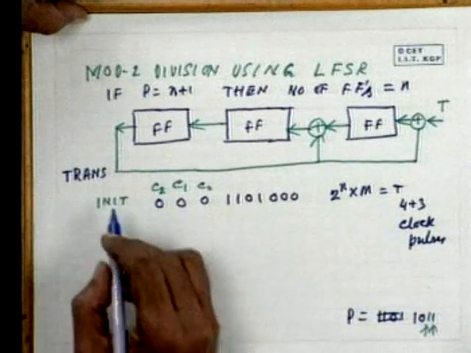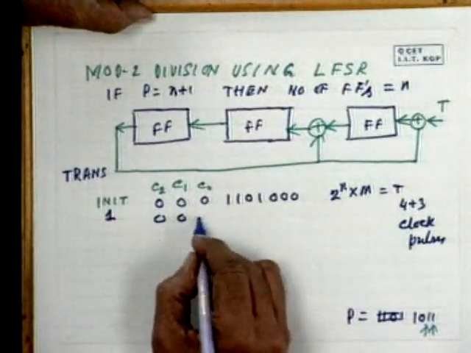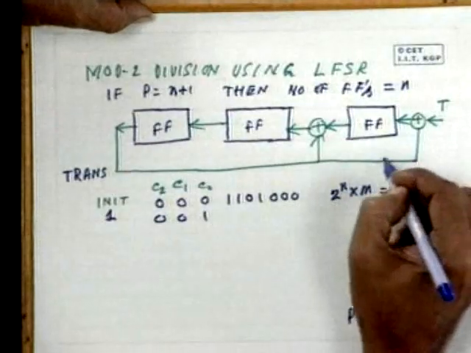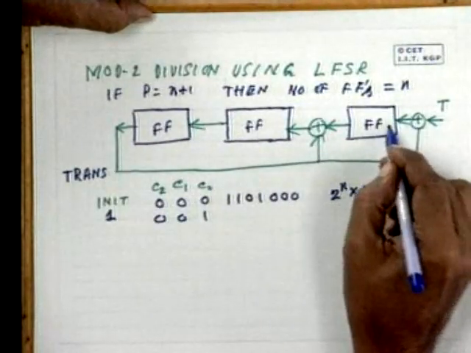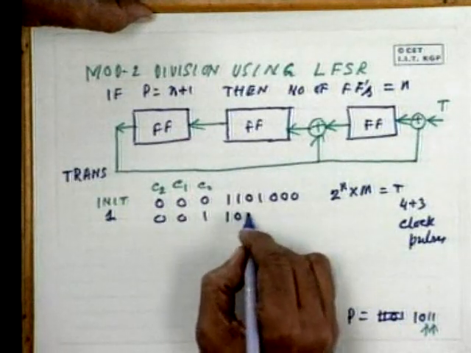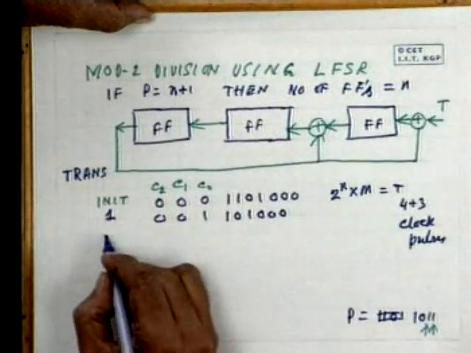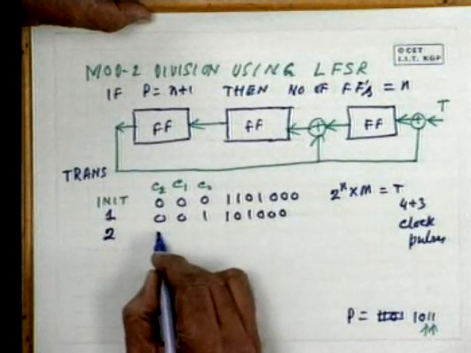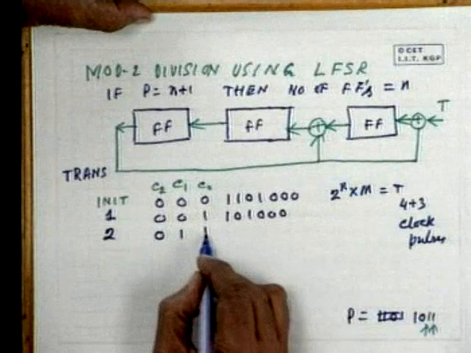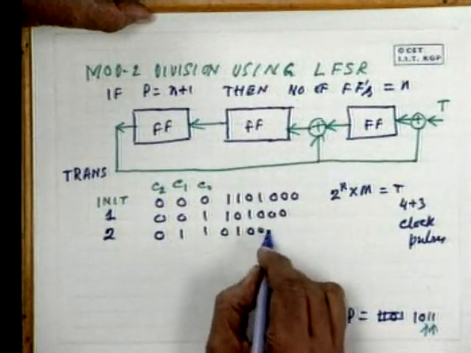What will happen after clock pulse 1? You will get 0 0 1. This one will get shifted. This is 0, so this is 1, so 1 will get shifted, and it will be 1 0 1 0 0 0. After second clock pulse, you will get 0 1 1 0 1 0 0 0.